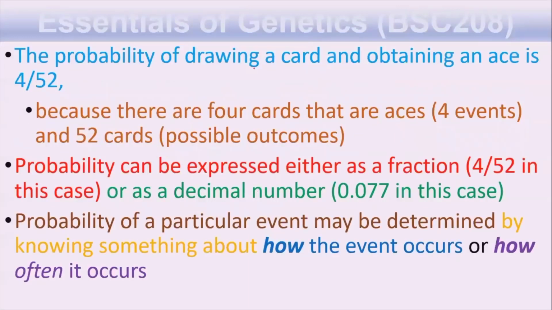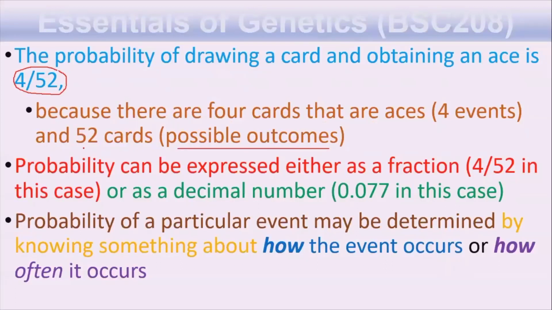The probability of drawing a card and obtaining an ace is 4 by 52, because there are 4 aces in all those 52 cards. There are 4 cards that are aces, so they are 4 events, and there are a total of 52 cards, which are the possible outcomes.